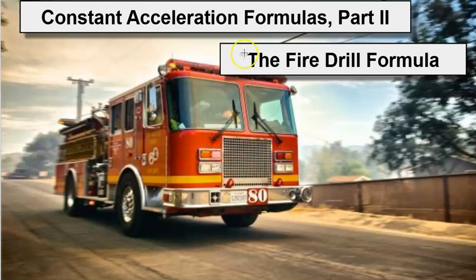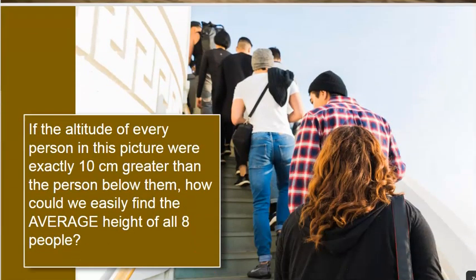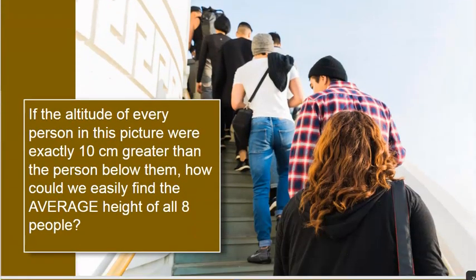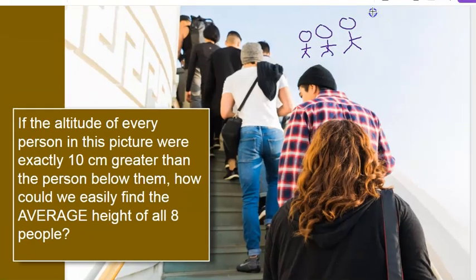All right, folks, we are going to learn the fire drill formula. So pretend like Murray has a fire drill and instead of lining up by last name, people line up by height.